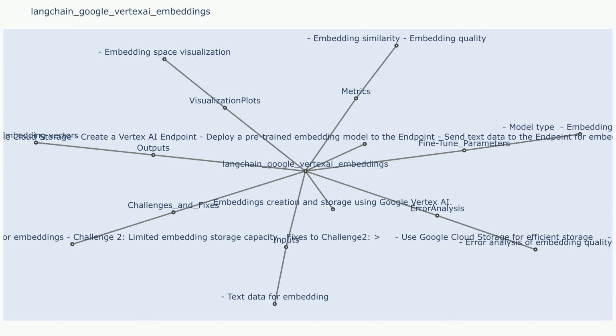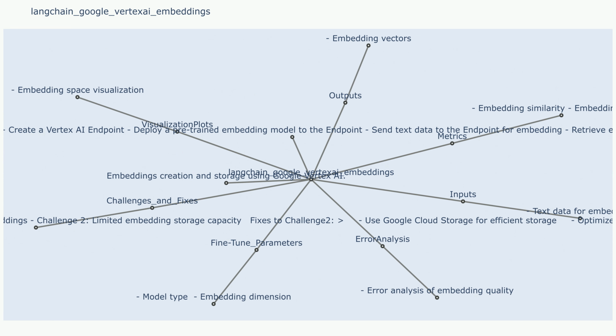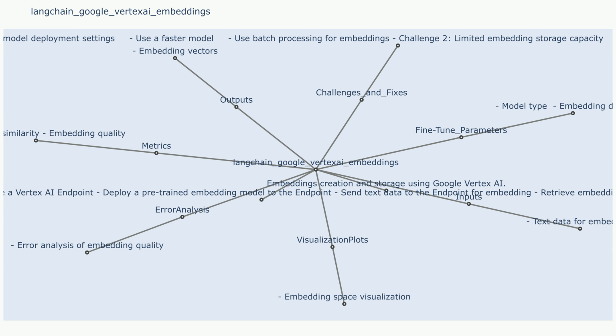Outputs. Output 1. Explain in detail embedding. The output of the embedding model is a dense vector representation of the input text. The size of this vector will vary depending on the chosen model. Output 2. Explain in detail similarity score. When comparing two texts, a similarity score can be calculated based on the cosine similarity of their corresponding embeddings.